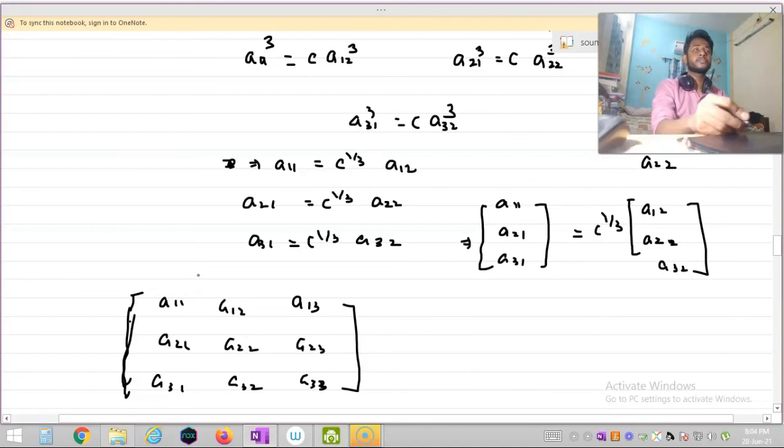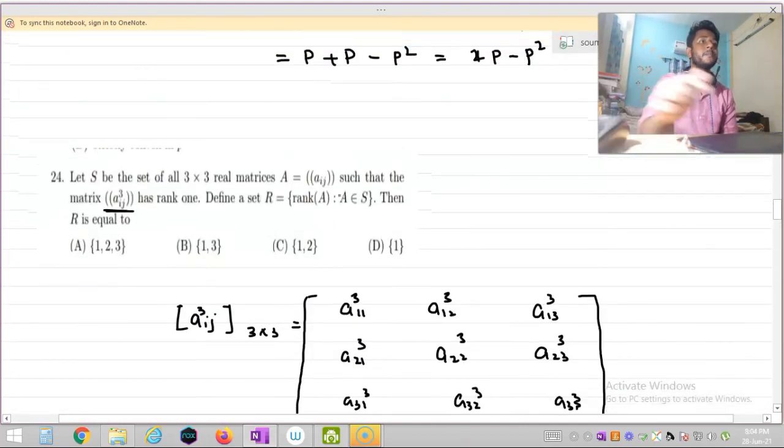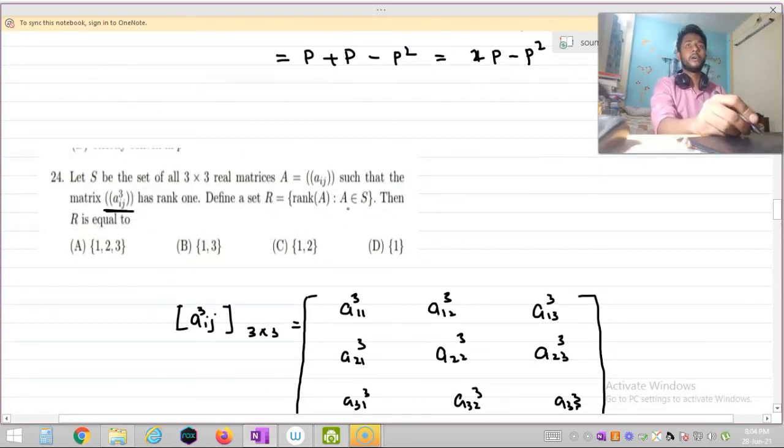Similarly, I can show that the other pairs of columns are linearly dependent, and hence there exists only one linearly independent column. So the rank of this matrix is 1. So the rank of A is 1 for all A belongs to S. So option D is our correct option. That's all about this question.